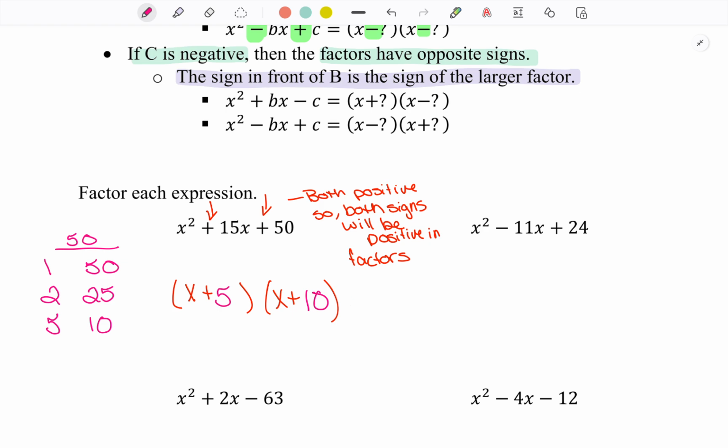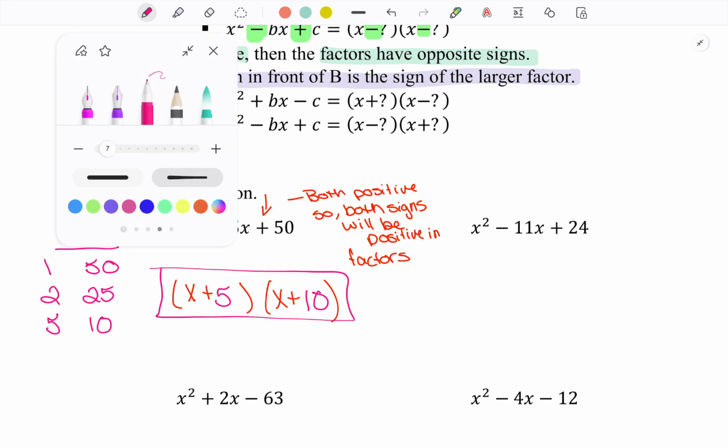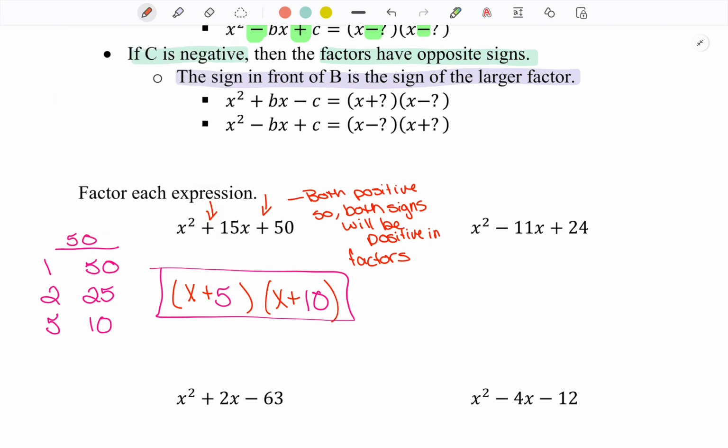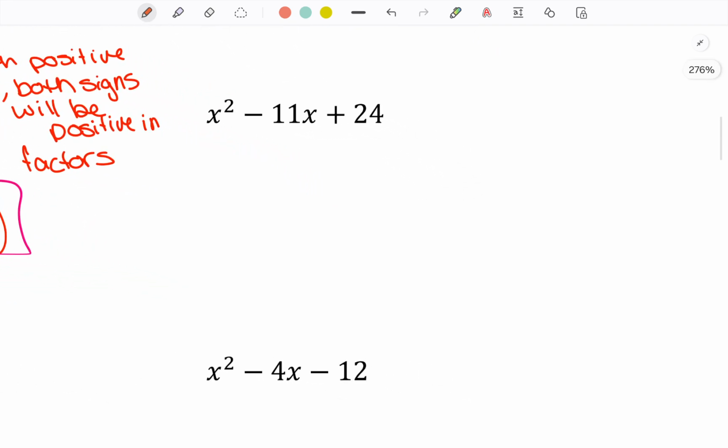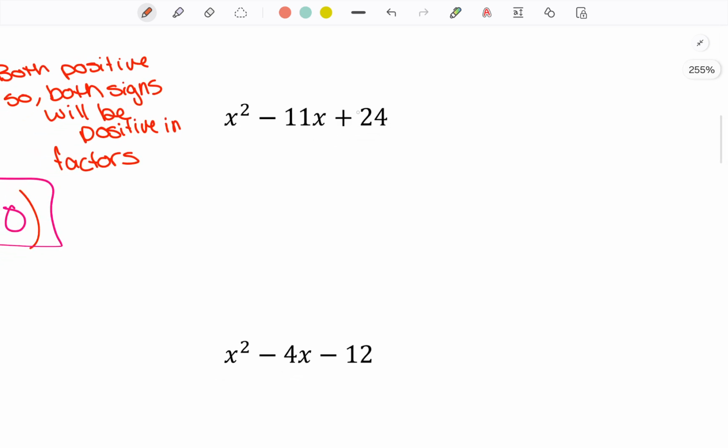Now, if I did switch those around to be x plus 10 and x plus 5, then that would be fine because you can rearrange multiplication. So let's go ahead and look at the next problem. So we have x squared minus 11x plus 24. And so we have a C that is positive and a B that is negative.